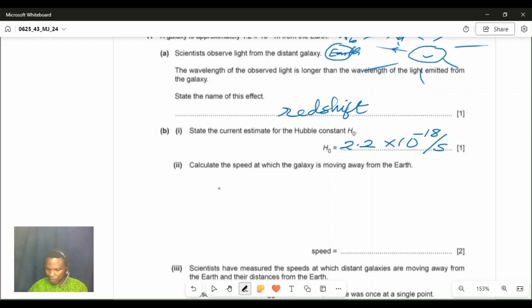The speed of the galaxy from the Earth is equal to the Hubble constant multiplied by the distance of the galaxy. So this will be 2.2 times 10 raised to power negative 18, multiplied by the distance, which is 1.2 times 10 raised to power 26.